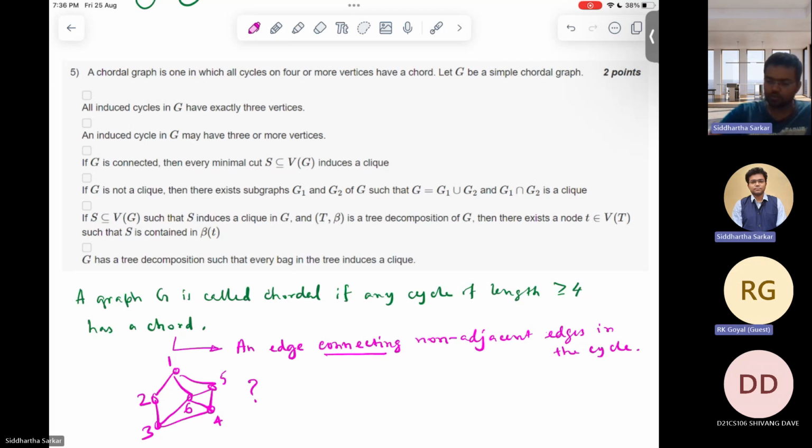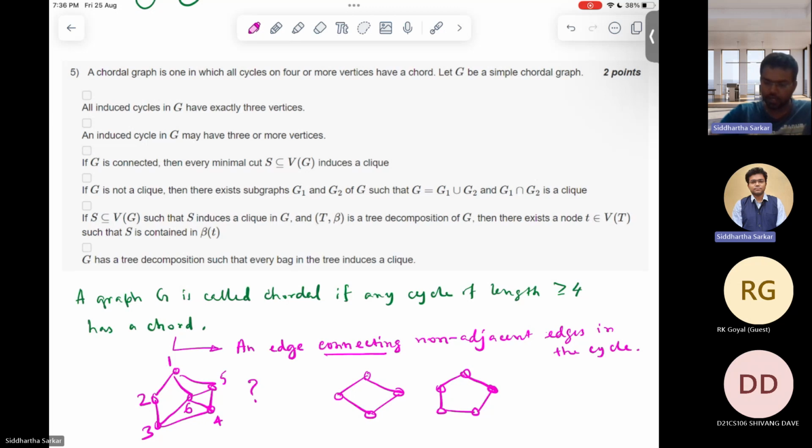So let us say there is a graph and I'm looking at a part of the graph and I identify 4 vertices which form a cycle. 4 or 5 is also allowed, 6 is allowed, but at least 4, not a triangle.